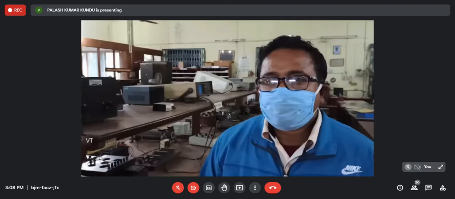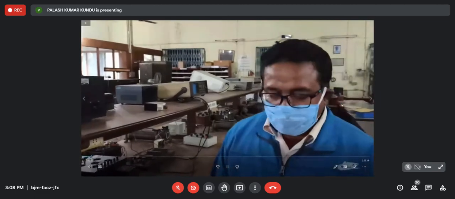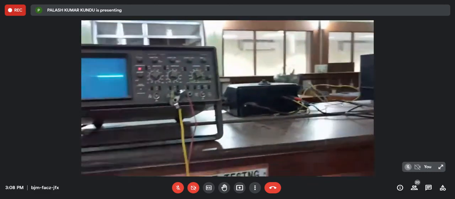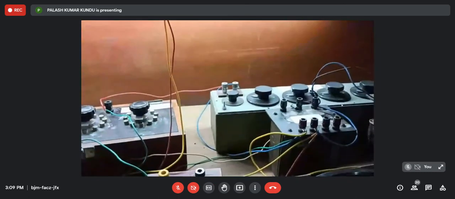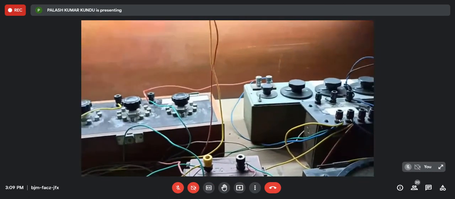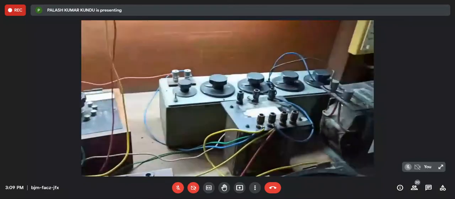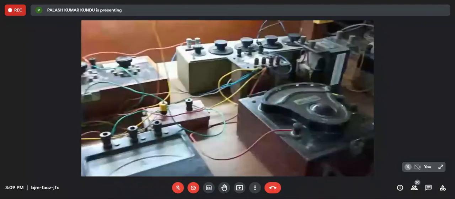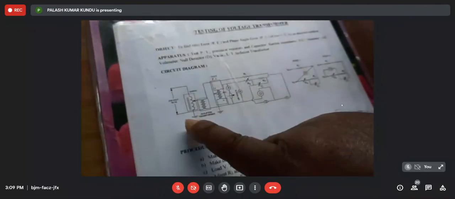Hello student, today we are going to perform testing of voltage transformer. Objective of this experiment is to find the ratio error and phase angle error of the test PT by an absolute transformer. This is the circuit of the experiment.